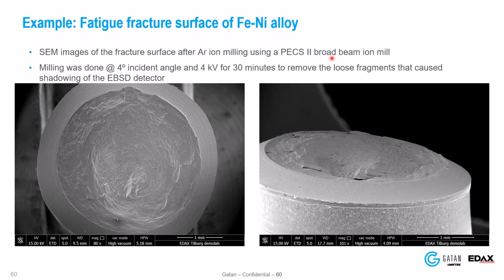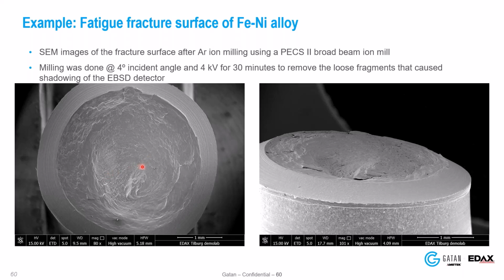It's a broad beam ion mill. So we use argon atoms to sputter the surface. We did this with a 4-degree incident angle and 4 kV. Generally we want to minimize the amount of damage that occurs with the ion etching, so we go to low glancing angles and lower energies. In this case, we did it for 30 minutes to just clean off the surface.